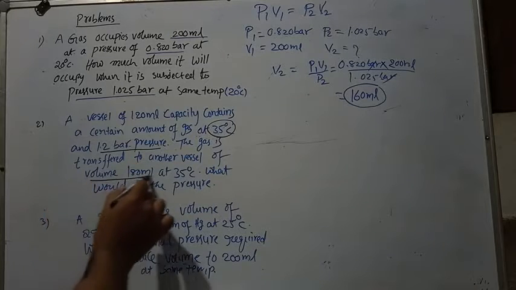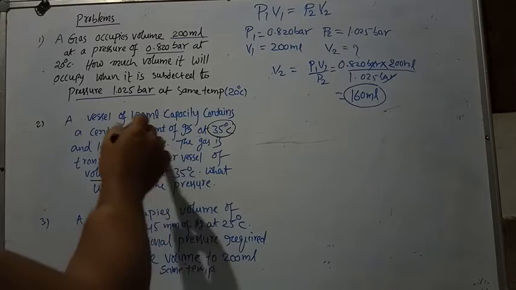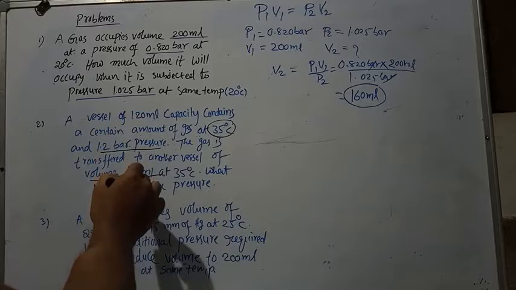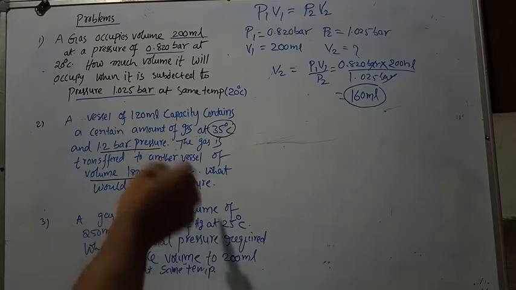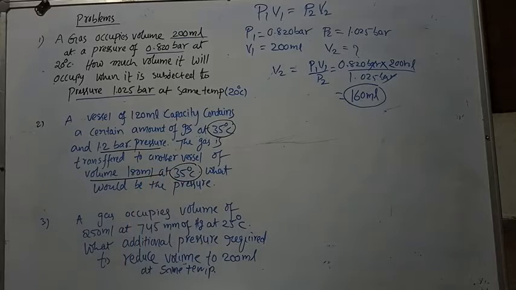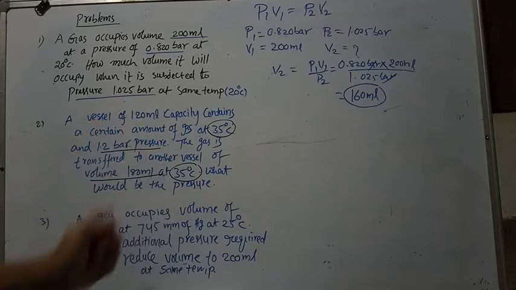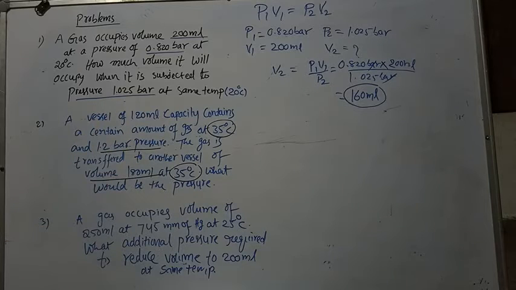Volume becomes 180 ml. Then what is the pressure? This 120 ml will be 180 ml, at which pressure they are asking. Here temperature will be constant, not changing. Temperature is constant and pressure and volume terms are given. Definitely it will be Boyle's law.